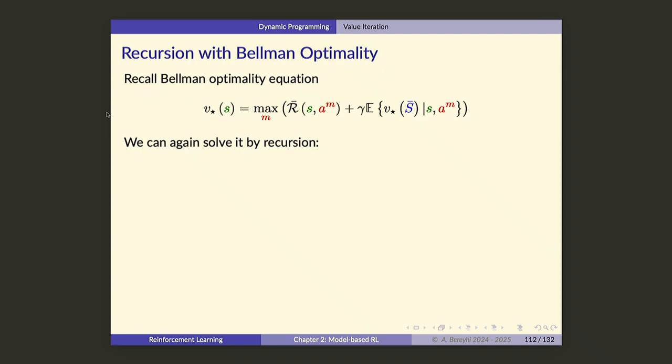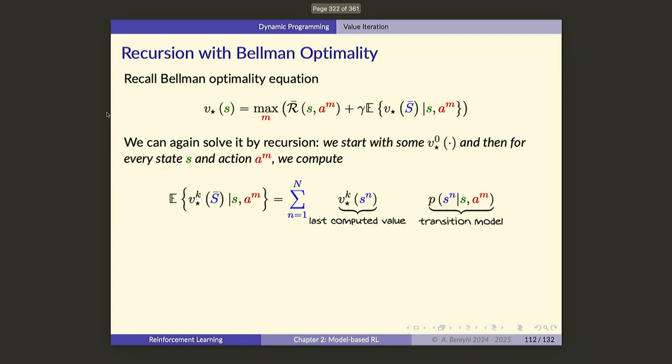Here, what you see is the immediate reward for a particular action, and this is the expected value in the next state, right? When you do that action, you're going to end up in a new state. That new state has one optimal value, and then you just take the expectation. This is going to give you the optimal value. This is the Bellman equation, right?